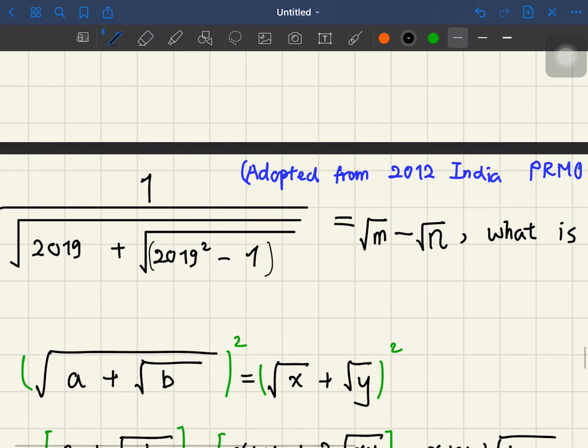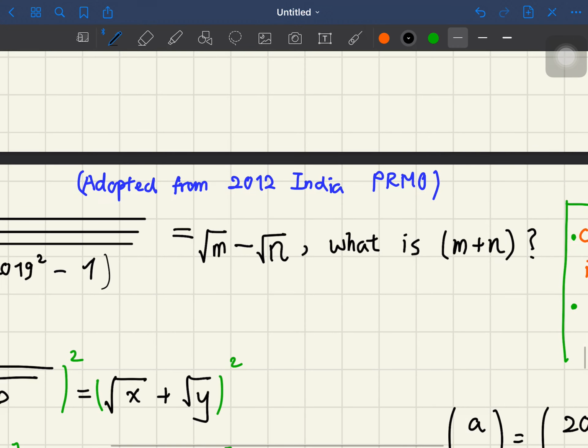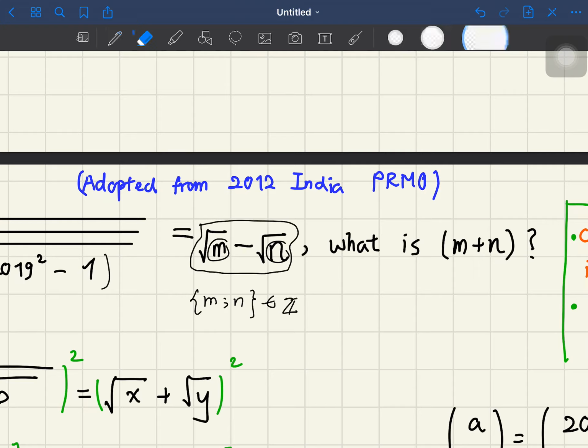And hence, you can try to show that they can become the difference between two radicals, and you will find the constants m and n, where m and n belong to the integers, because this is a mathematical competition, and hence we must have integers in order to get a very beautiful answer.